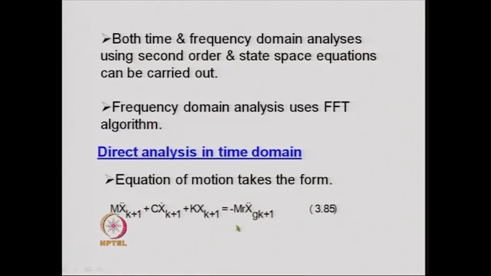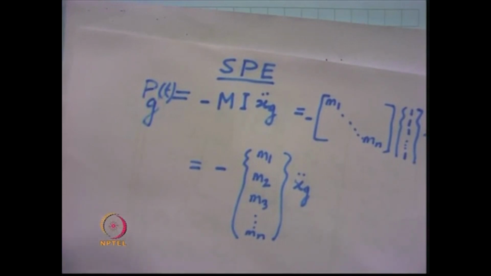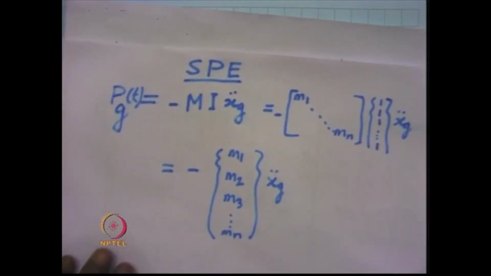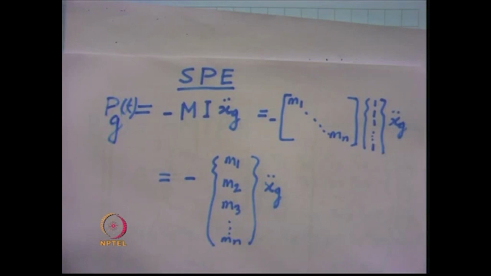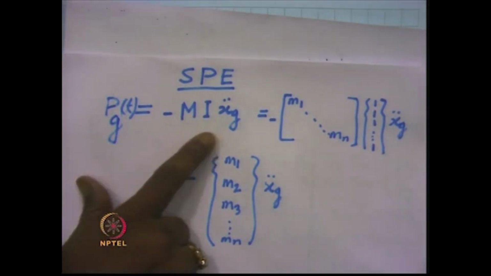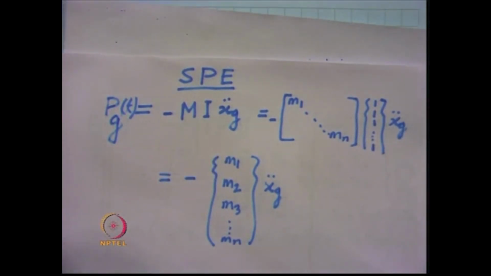Here R is the influence coefficient matrix for multi-support excitation. If we change R to I, then it will become a single support excitation system, and this is discussed over here.